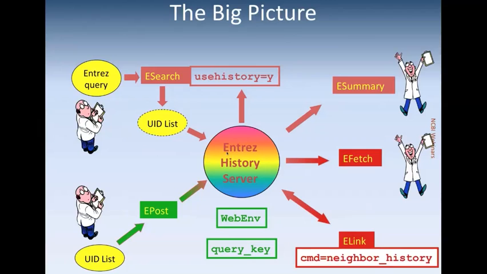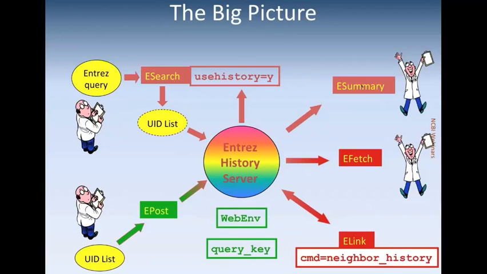In either case, you can get those IDs onto the history server, either by a text query where search provides the IDs to the history server, or EPost provides the IDs directly. Once they're on the history server, represented by a web environment and query key, you can get the docsums, you can get full records, or you can link. Link can put the output records in a different database, right back on the history server, where you can then get the full records or get the docsums.